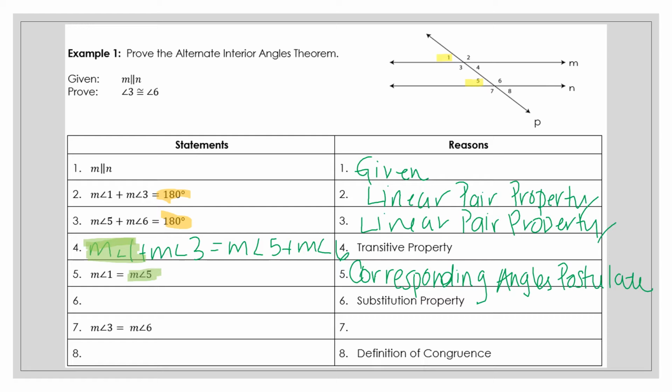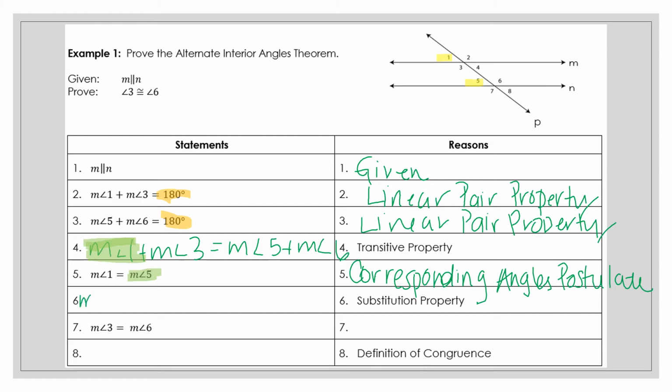I could have also replaced the measure of angle 5 with the measure of angle 1. It doesn't matter. You want to replace one of them, not both of them. If you replace both, they both switch and now they're not the same thing. We want them to be the same thing, and you'll see why in just a second.